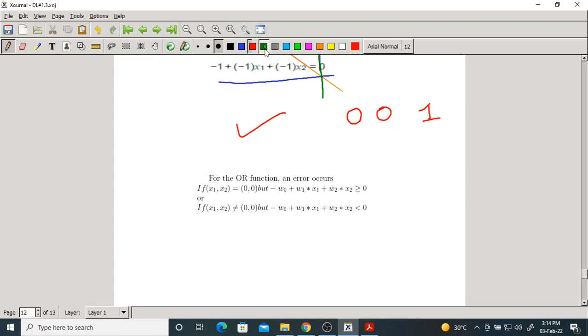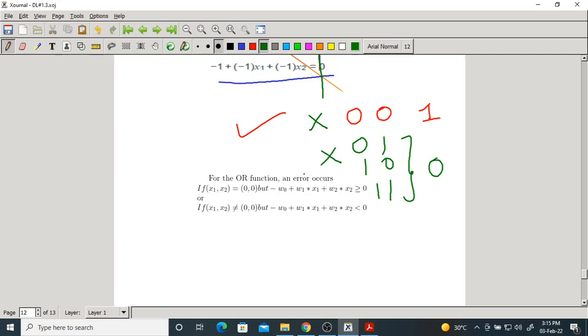This is one possibility of error. If both inputs are 0 and output is 1, we get error. Otherwise, outputs are equal. Otherwise, if both are not equal to 0, the remaining 3 cases 0, 1; 1, 0; 1, 1, in these 3 cases if output is 0, we get errors.